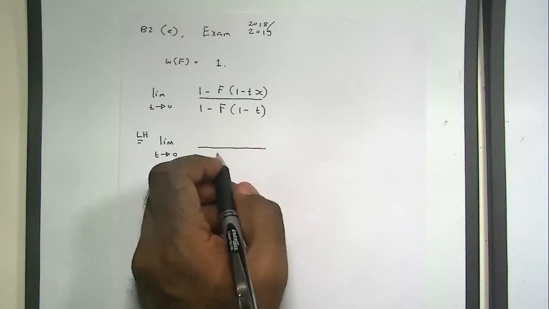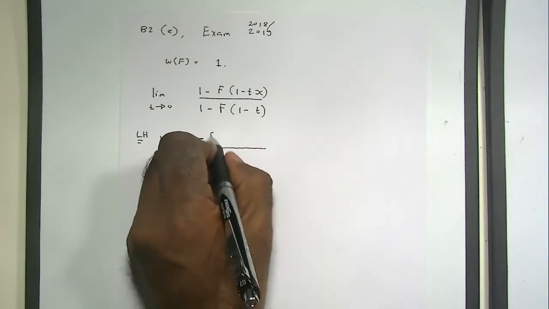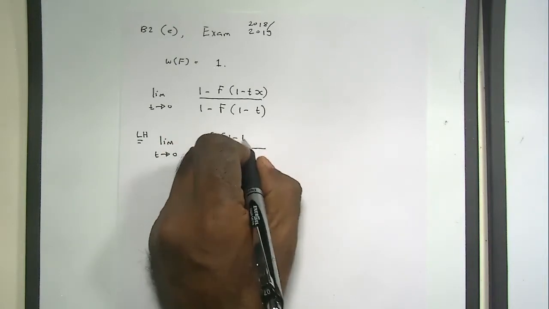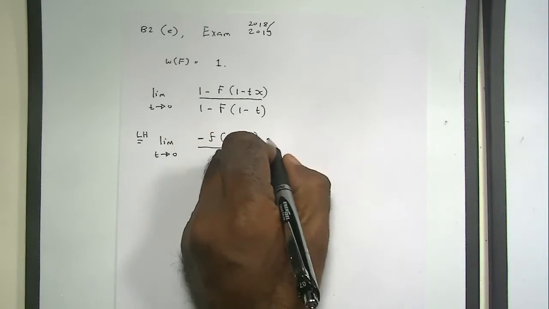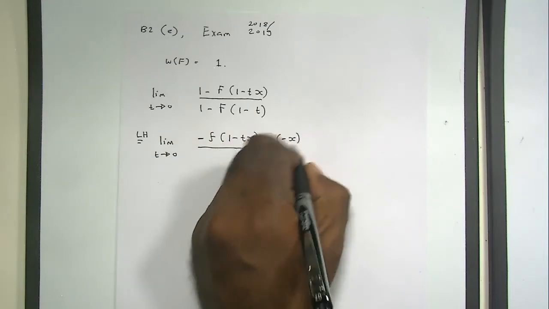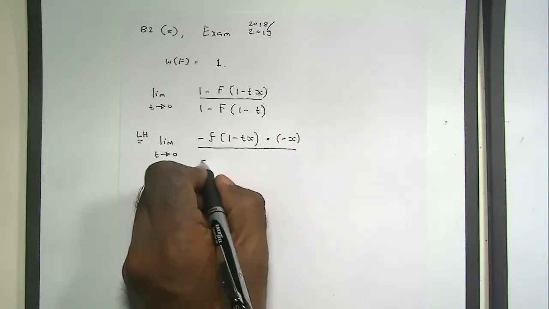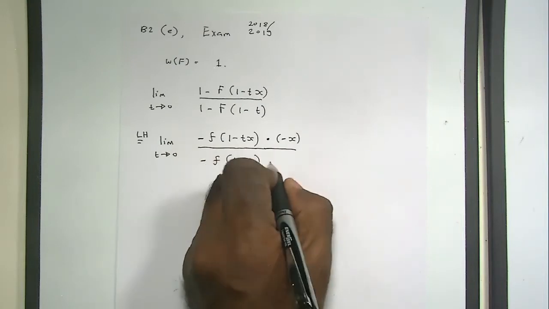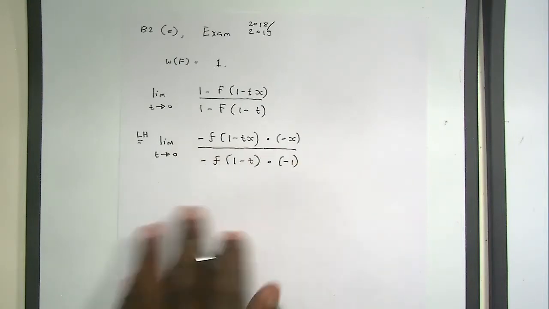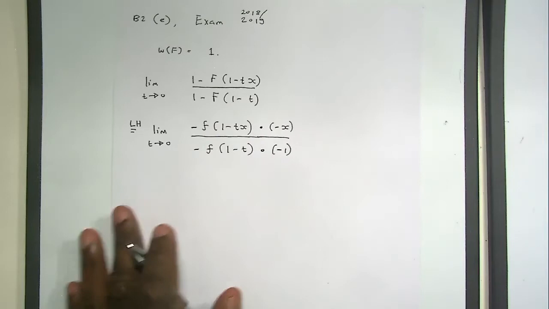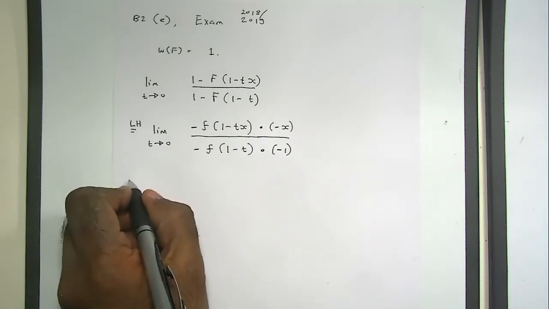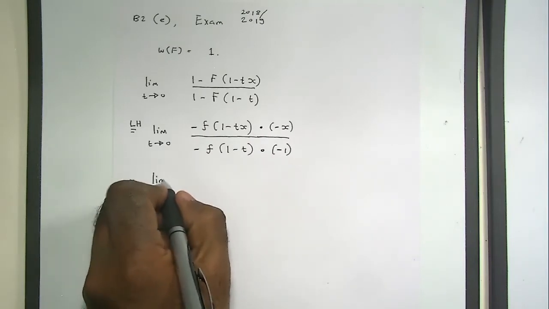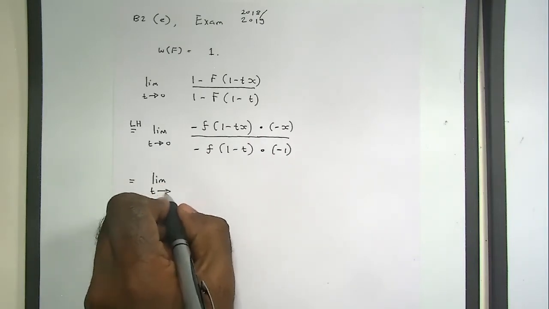So you get minus little f of 1 minus tx multiplied by minus x, and in the bottom you get little f of 1 minus t multiplied by minus 1. So you get the limit as t goes to 0.